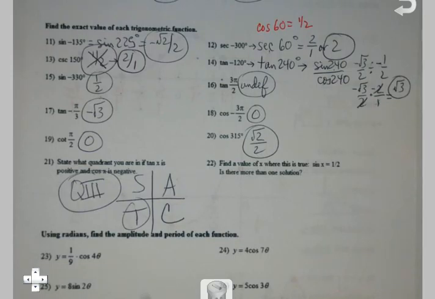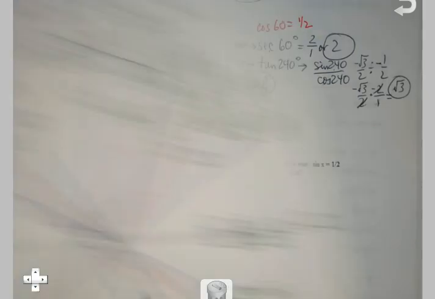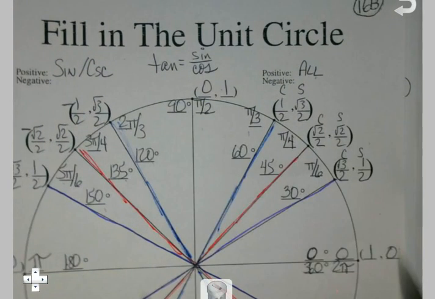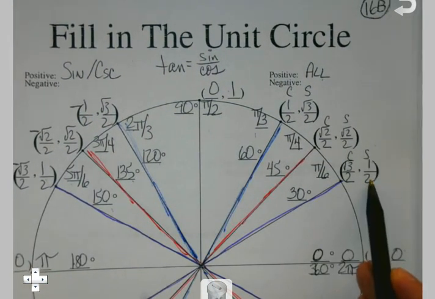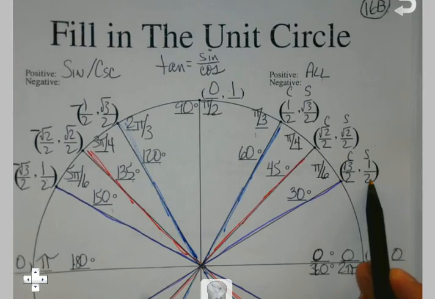How do you do the next one? Find a value of x where this is true. Sine of x equals 1/2. Well, there's a couple ways I could do this. Sine of 30. If sine is 1/2, okay, 30.